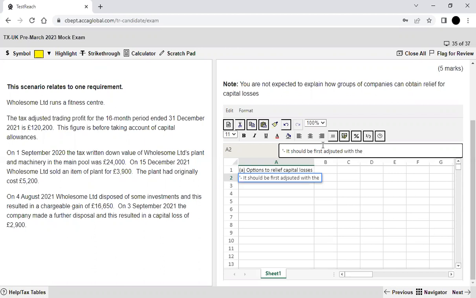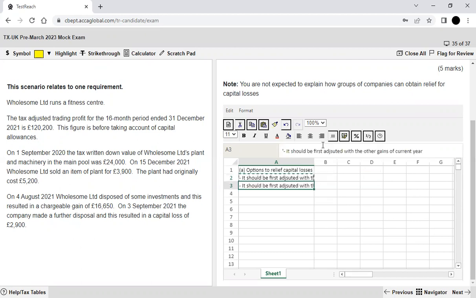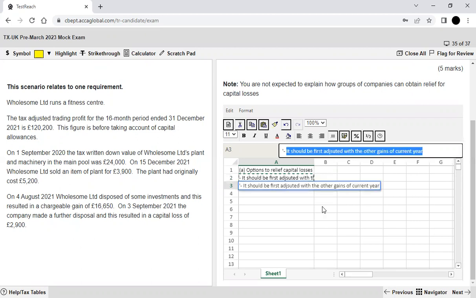The loss should first be adjusted with other gains of the current year.